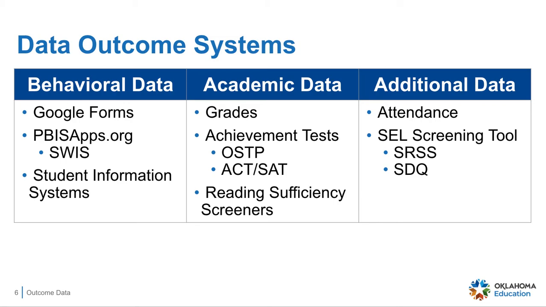Often, SEL curriculums have screening tools included, but you can also give the SRSS or SDQ as free social-emotional screeners. All of these data systems can be used to identify if your framework is positively impacting students.